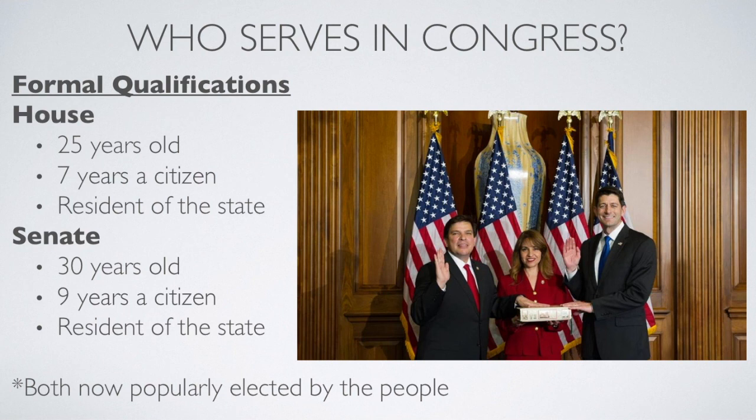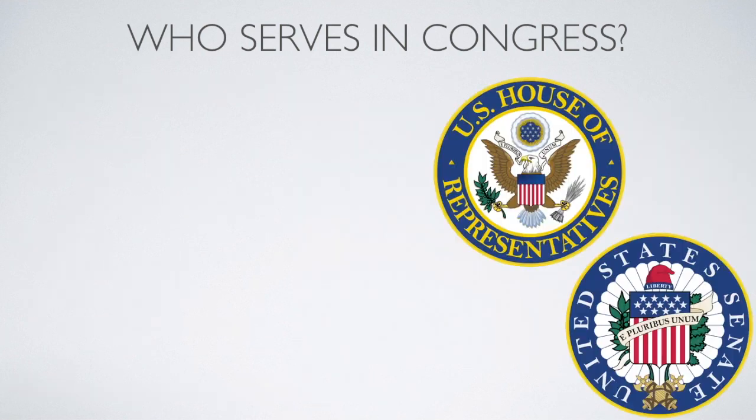Both are now popularly elected by the people. It used to be that the Senate was elected by state legislators, but now both are popularly elected by the people. You don't need to necessarily know those specifically for the test.